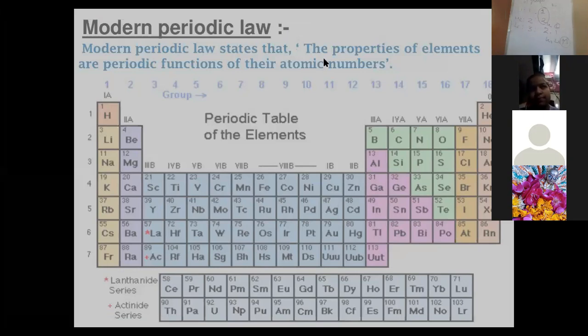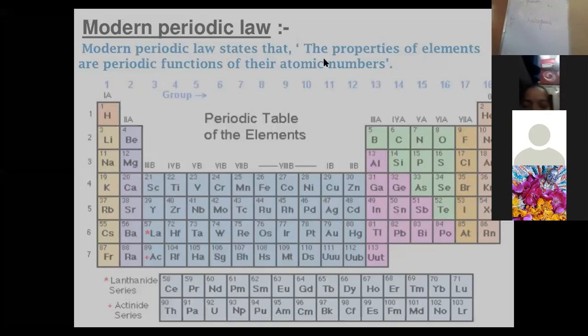Let me write it down on the board so that you can note it down. Group number 16, which is also called the oxygen family, is also known as the chalcogens family, right?